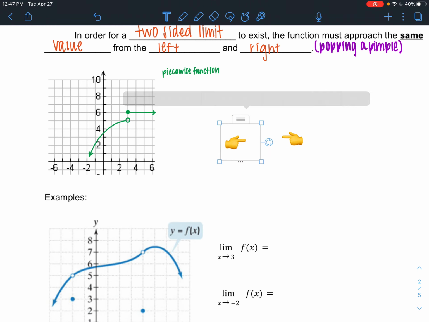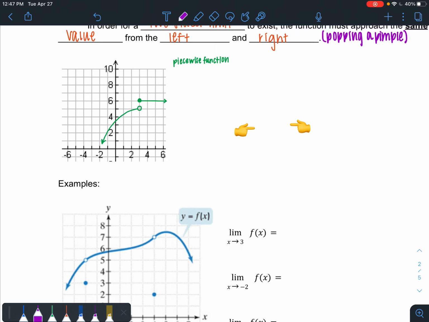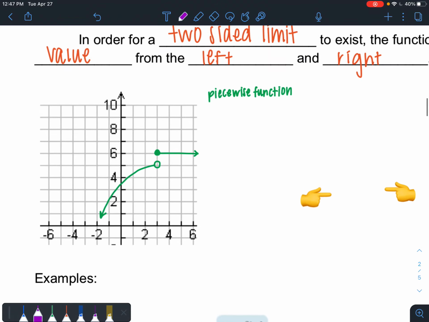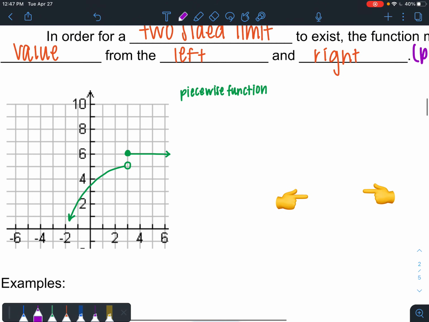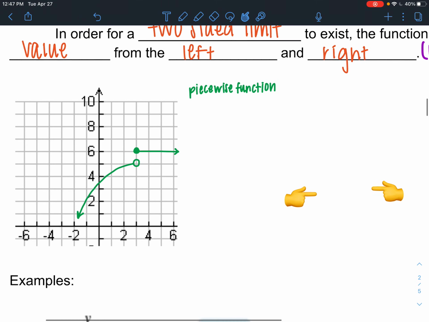All right, so back to our pen. Okay, so in order for two-sided limits, we have to go from the left and the right. So here in this green, I have a piecewise function. You can go ahead and draw that piecewise function yourself there.